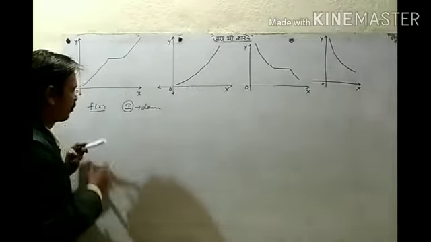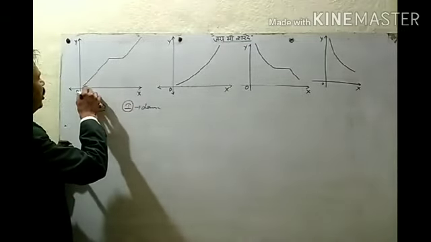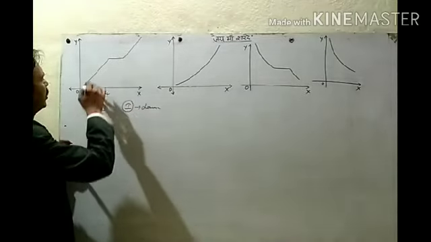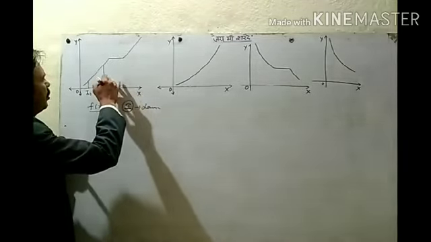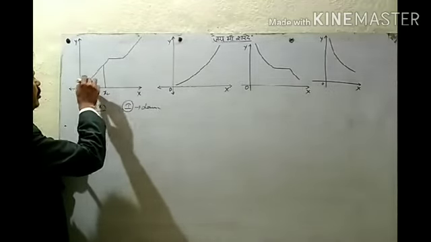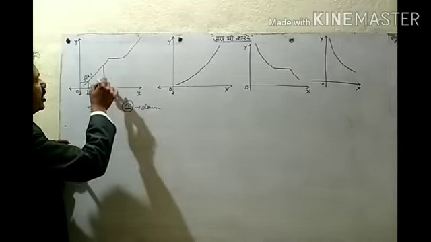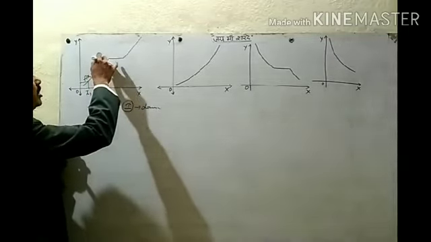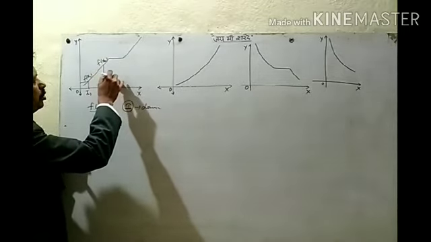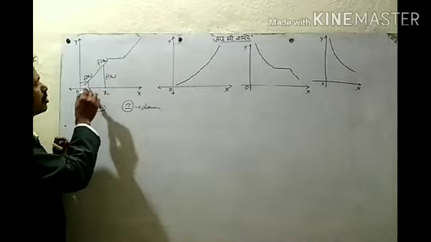What are the conditions? Suppose we take one value here, x1, and here x2. The value of the function at this point is f of x1, and the value of the function at x2 is f of x2. Here x1 is less than x2.